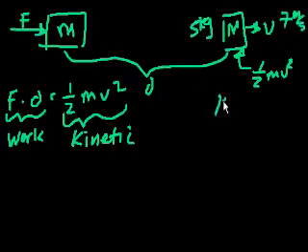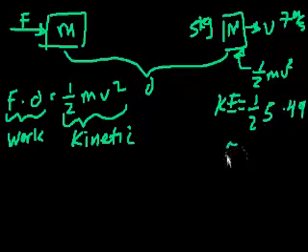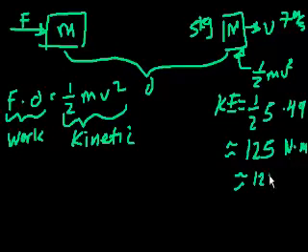So the kinetic energy of this object is going to be 1/2 times the mass, 5, times velocity squared, 7 squared, which is 49. So 1/2 times 49, that's a little under 25. So it'll be approximately 125 Newton meters, and a Newton meter is just a joule, so 125 joules. So this is if we actually put numbers in.